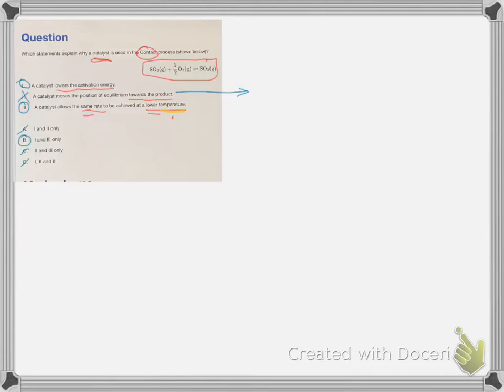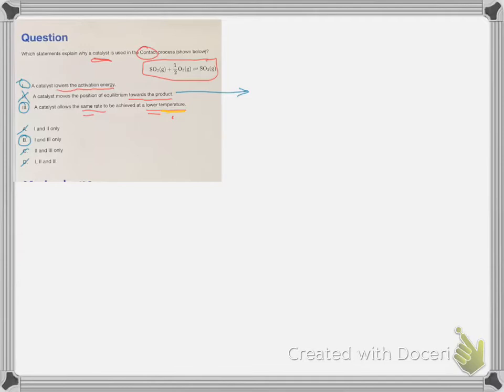Adding a catalyst doesn't affect the relative rates of the two reactions, because it decreases the activation energy but increases the rate. It can't affect the position of equilibrium.